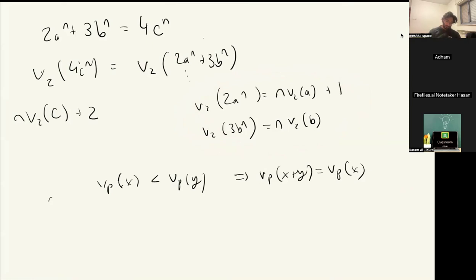There's a very simple reason these cannot be equal. Well, only when n is 1, they can be equal. So the point is this is 0 mod n, and this is 1 mod n. So as long as n is greater than or equal to 2, these two numbers are just different numbers mod n. So they cannot be equal.